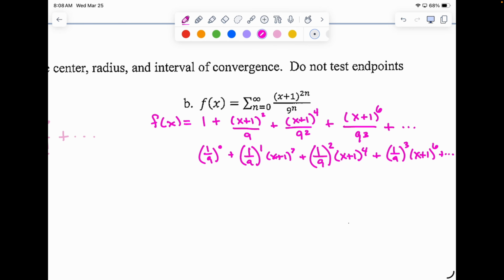And I know that common ratio includes the x plus 1, because the power of that is also increasing. That's what's getting multiplied each time.